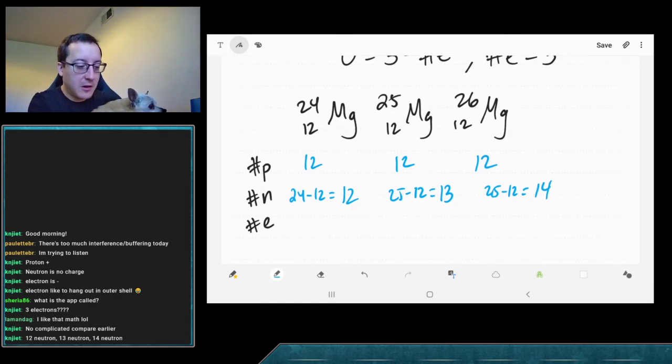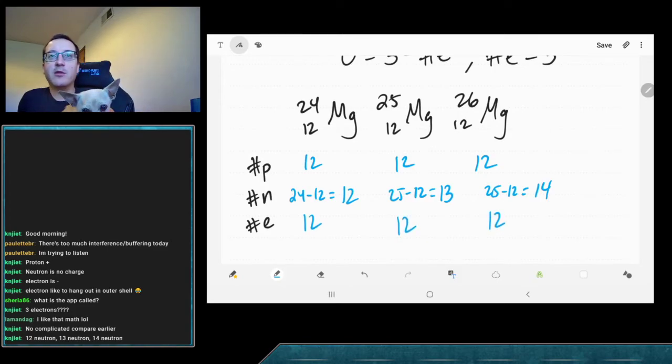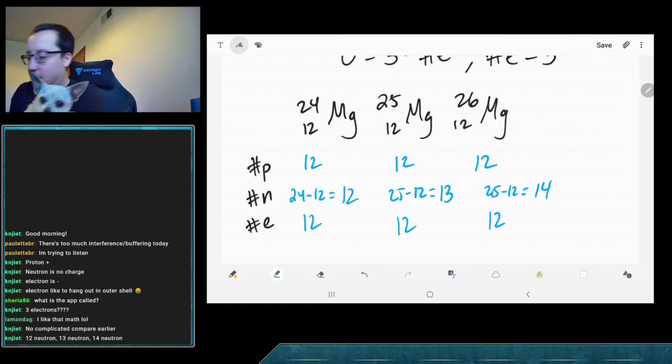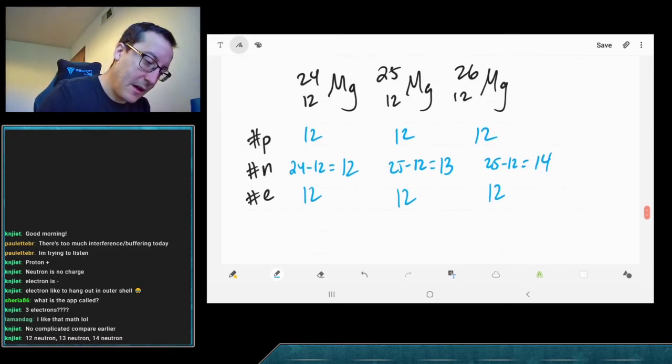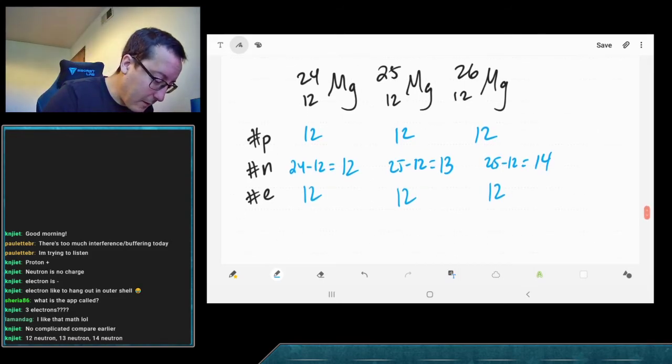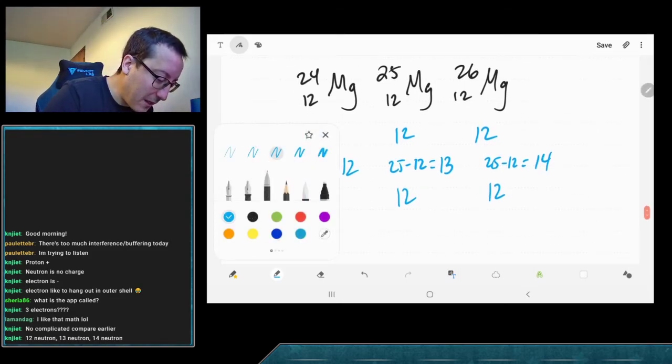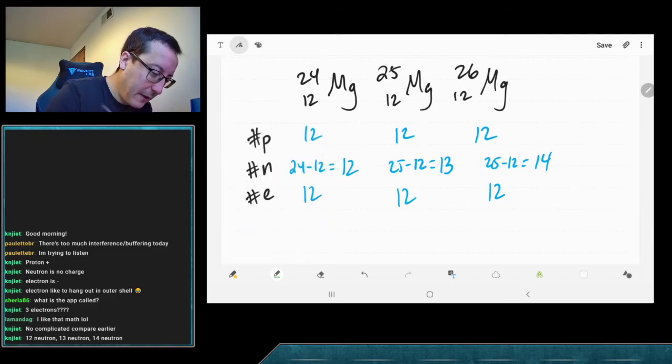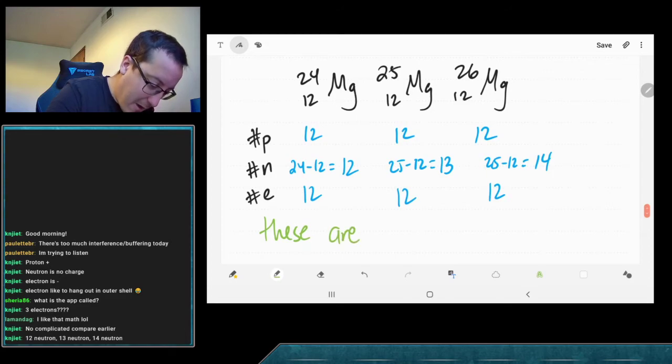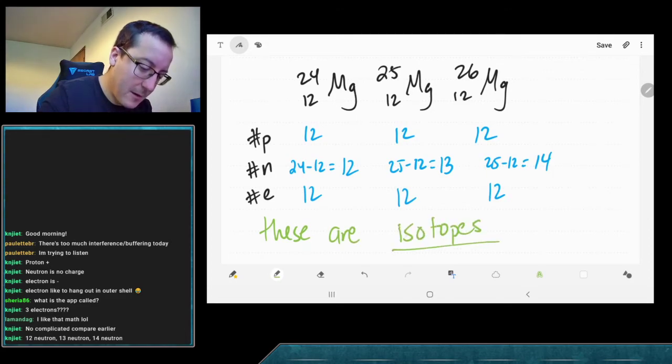Since these are all uncharged, we know that the electrons are going to be the same as the protons. Alrighty, so I have a handy-dandy vocab lesson for us here. These are called isotopes.